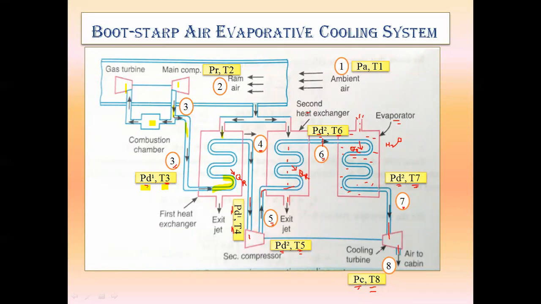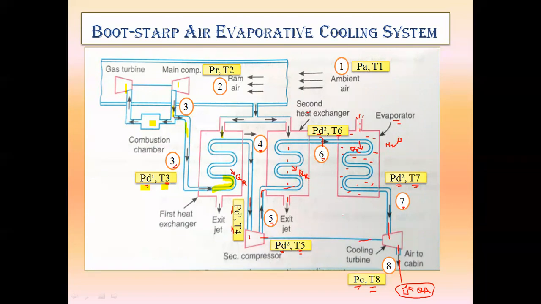The 7 to 8 process takes place inside the cooling turbine, ideally as an isentropic expansion, and actually as a polytropic expansion. The outlet of the cooling turbine will be supplied to the aeroplane cabin, where the air absorbs the heat generated inside the cabin. And the work produced by the cooling turbine will be utilized to run the secondary compressor. So this is called a bootstrap air evaporative cooling system.